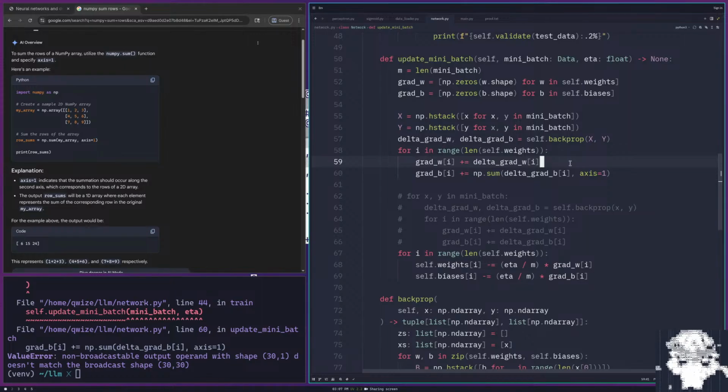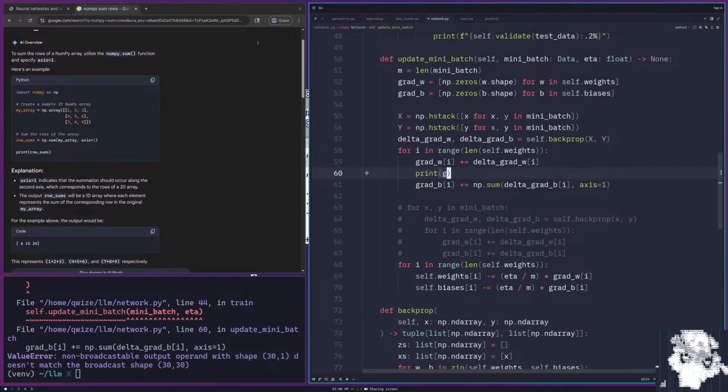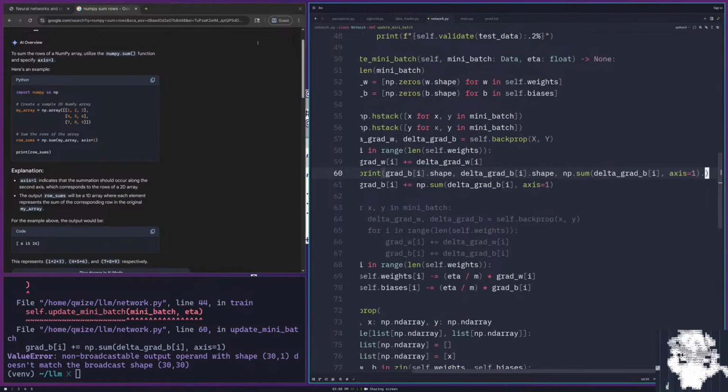Wait, which one is which? Print grad b of I dot shape. Delta grad b of I dot shape, and also this thing dot shape.